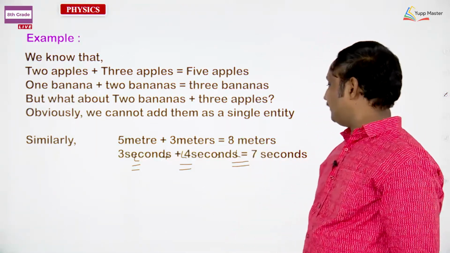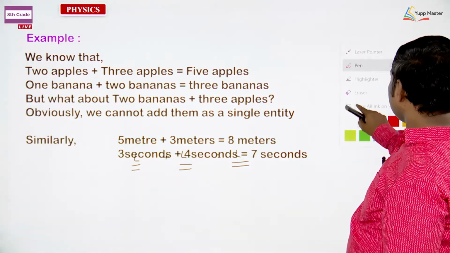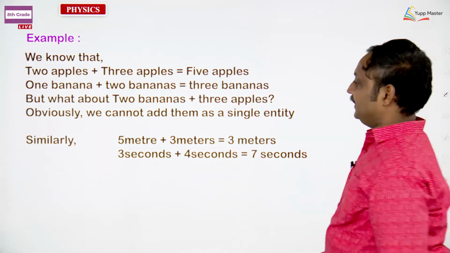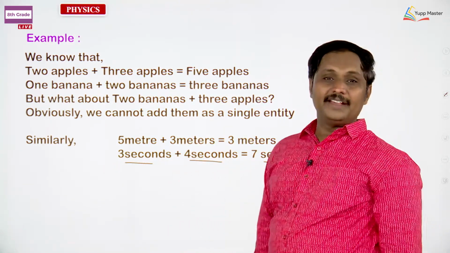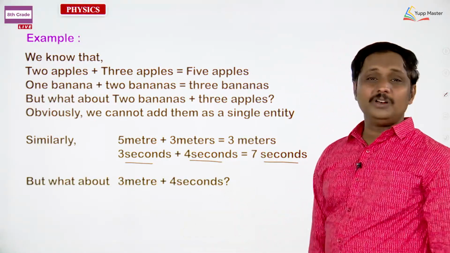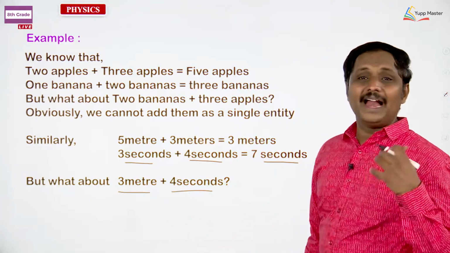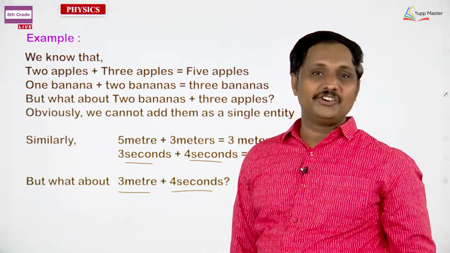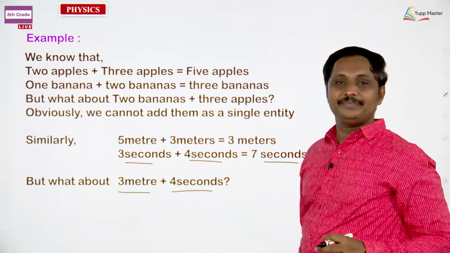Let us go for another one. Time also, you can take 3 seconds, 4 seconds, and it can be taken as a sum. Is it possible that 3 meters plus 4 seconds can be added, can be taken as a summation? It is not possible because they are not the same kind.